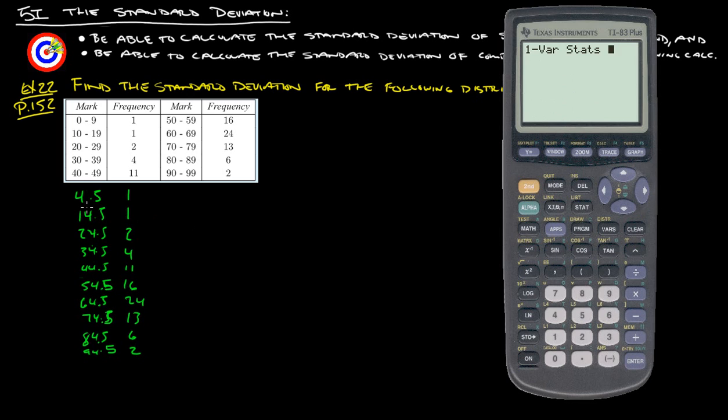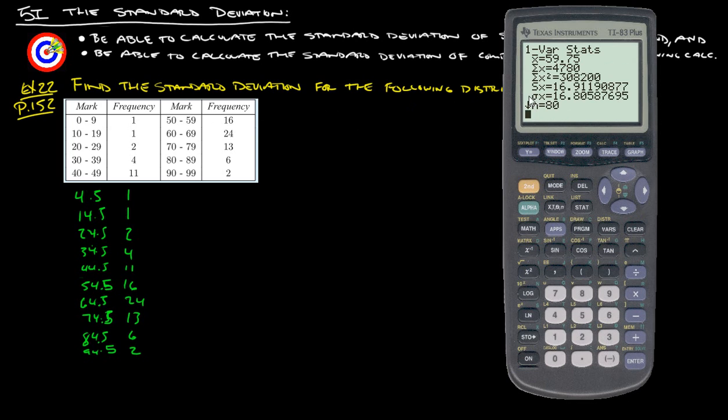We just go back into stat. We're going to calculate. We got one variable stats, and again we have 2 lists of data, so we do second, and then we do list 1. Oh, that's not what I wanted. Let me go back, do that again. I forgot to put list 2 in there. So one variable stats, second list 1, comma, and then second list 2, and then we hit enter.